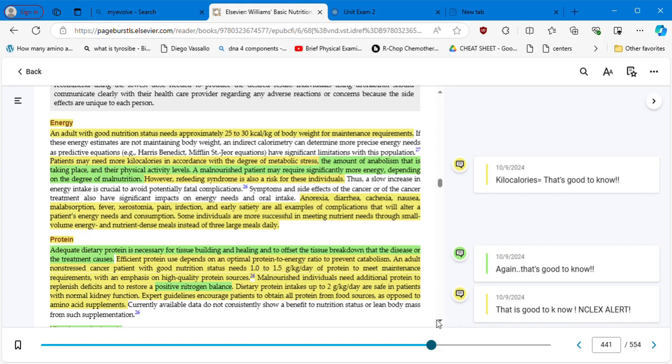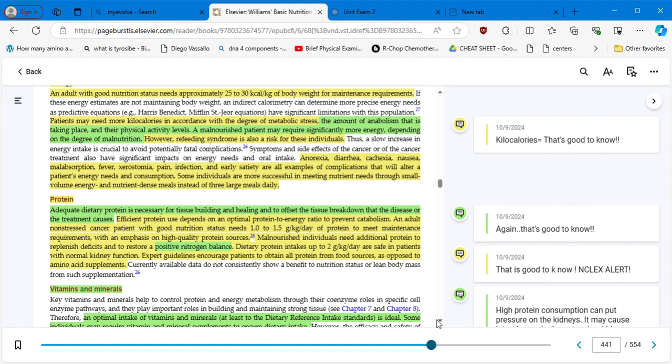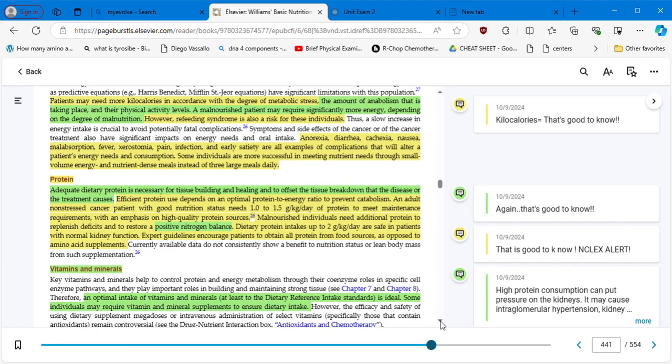A malnourished patient may require significantly more energy depending on the degree of malnutrition. However, refeeding syndrome is also a risk for these individuals. And now anorexia, diarrhea, cachexia, nausea, malabsorption, fever, xerostomia, pain, infection, and early satiety are all examples of complications that will alter a patient's energy needs and consumption.